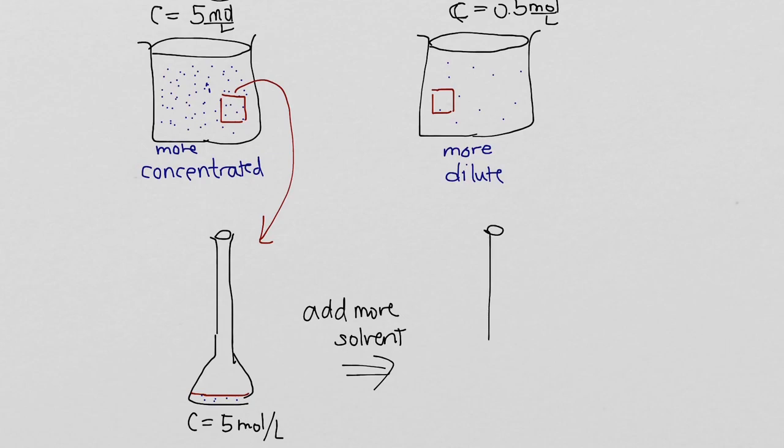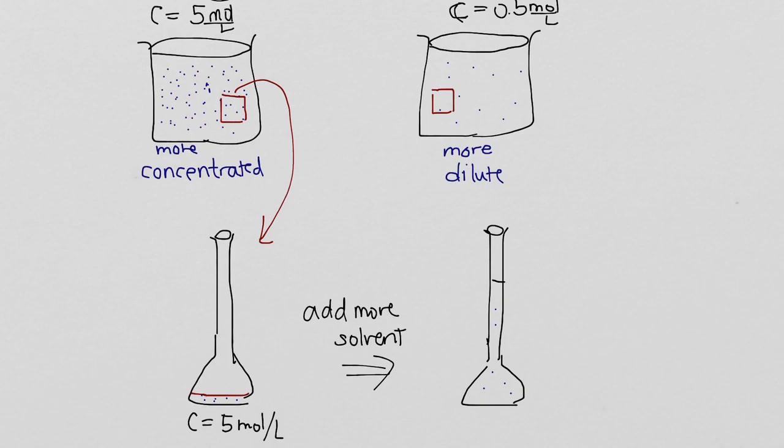But if you add more solvent to this, so same flask, only difference is we're now adding more water to it. If you add more solvent to it, then the same amount of solid, 1, 2, 3, 4, 5, 6, is allowed to now spread out.